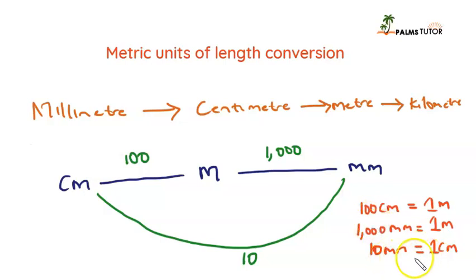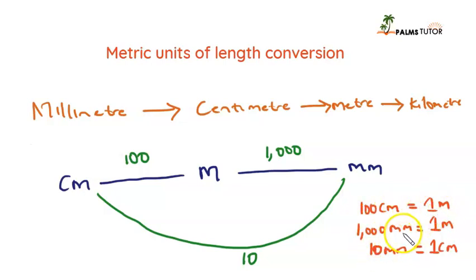There is no need to cram this, since you know that millimeter is 10 times smaller than a centimeter, so it has to be more of millimeter that gives us a centimeter. And since we know that centimeter is smaller than meter, because centi means 100, we know that centimeter is 100 times smaller than a meter.